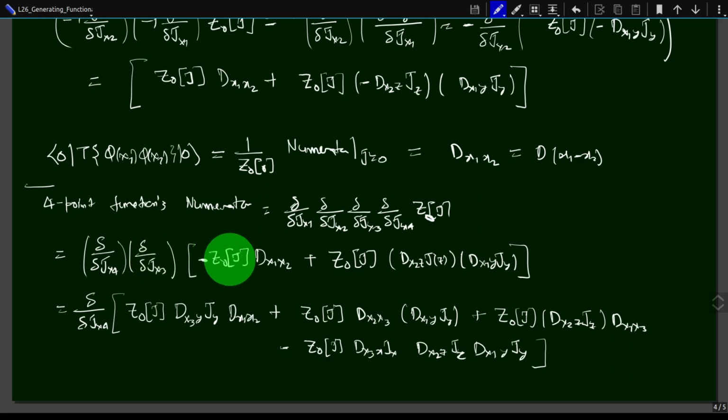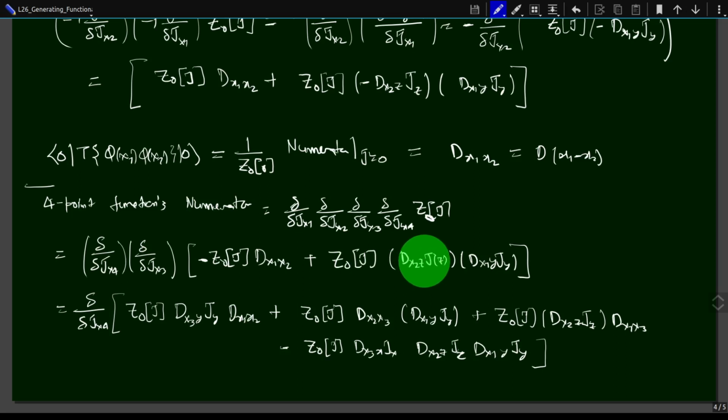Now there are 2 terms, so j appears only here. When it acts upon this, it returns me z0j with a minus sign, which kills this minus sign, dx3y jy. Here y is integrated out, and dx1 x2. There are 2 propagators and 1 j sitting over there. Now let's act this j3 over here.